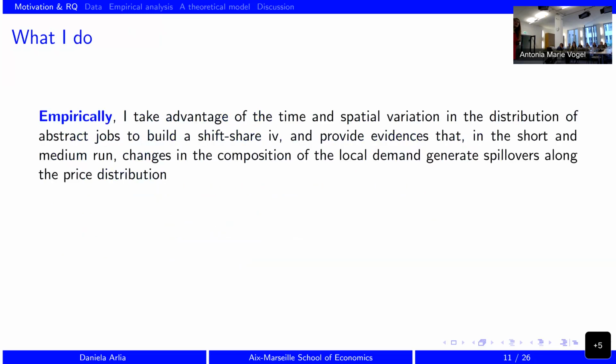Going on, briefly, what I do empirically: I take advantage of the time and spatial variation in the distribution of abstract jobs within each local labor market unit to build a shift-share instrument and then provide evidence that in the short and medium run, changes in the composition of the local demand generate spillovers along the price distribution.